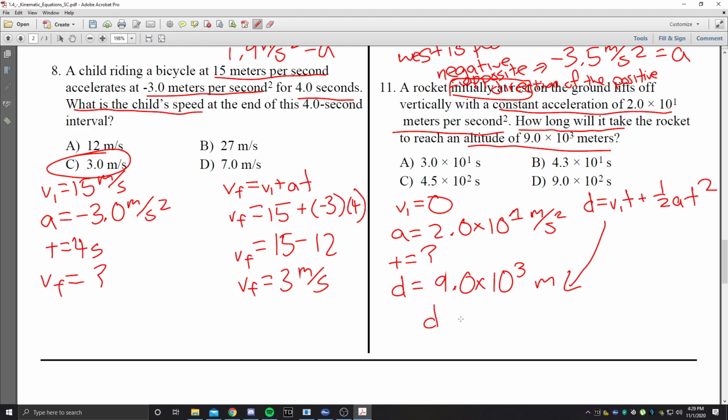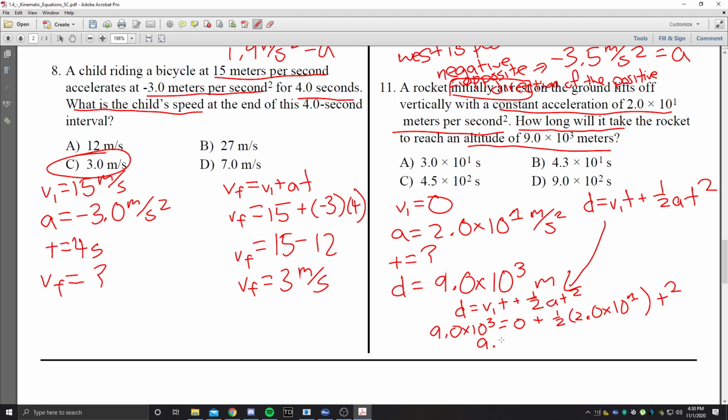So D is equal to VIt plus 1/2 at squared. D is 9.0 times 10 to the 3, is equal to 0. 0 times anything is 0, so I'm not going to put that t there. A is 2.0 times 10 to the 1, t squared.